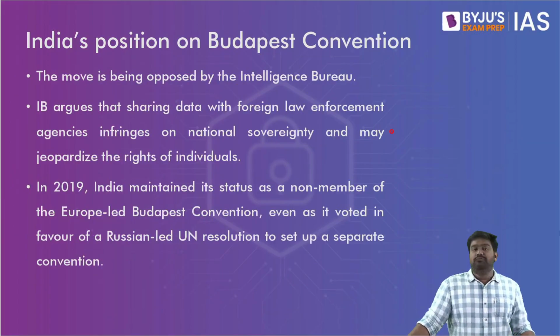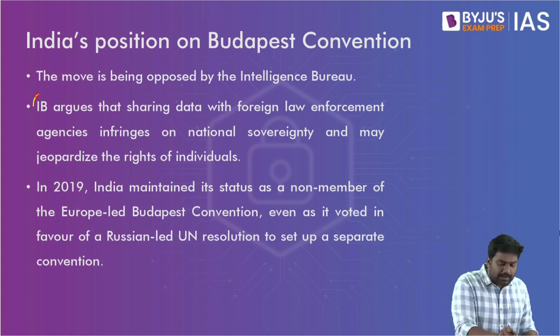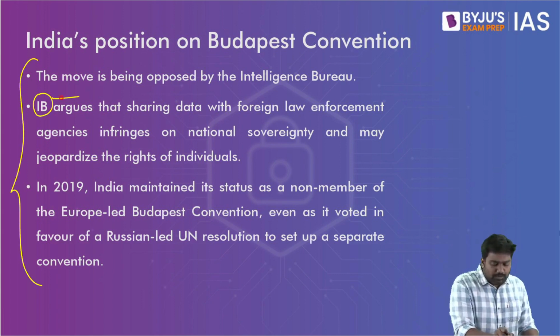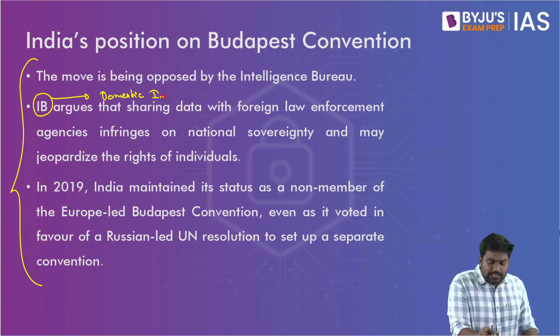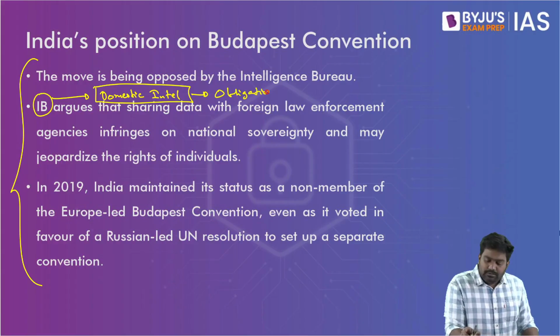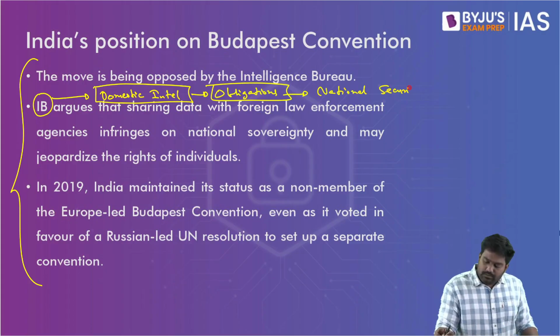But this position of MHA is strongly opposed by Intelligence Bureau, which is responsible for domestic intelligence. The IB feels that the obligations of Budapest Convention can become a national security threat, since it is mainly dominated by Western countries.